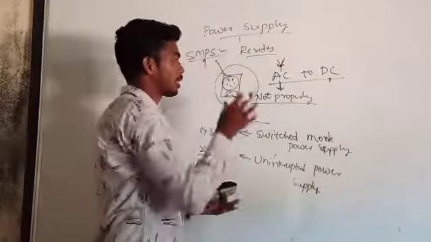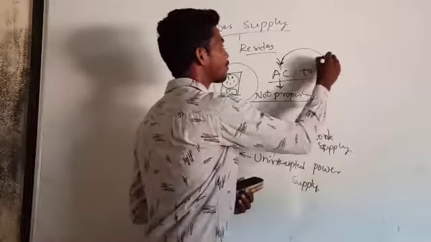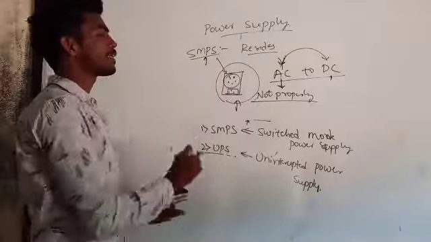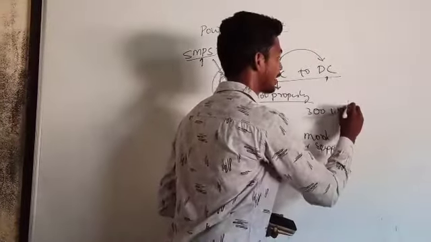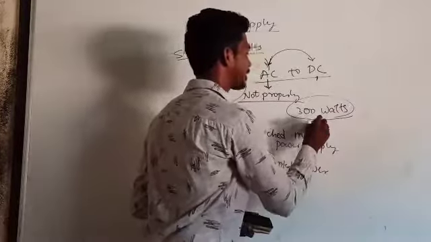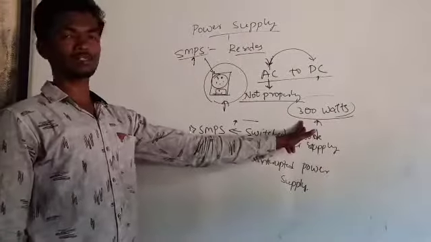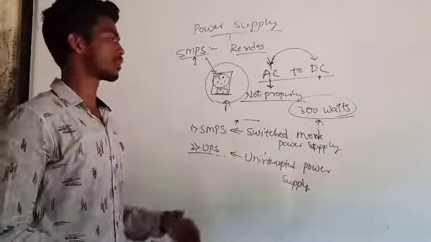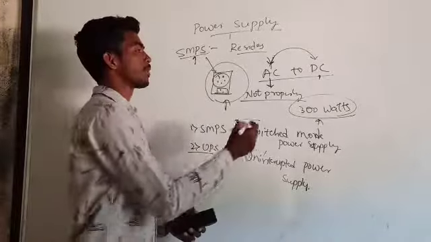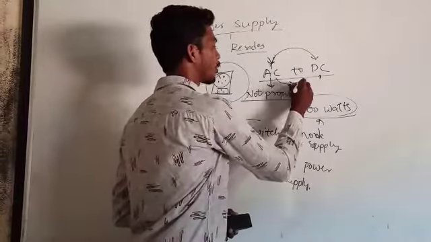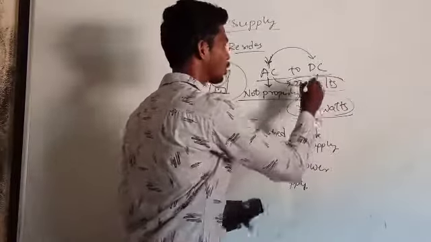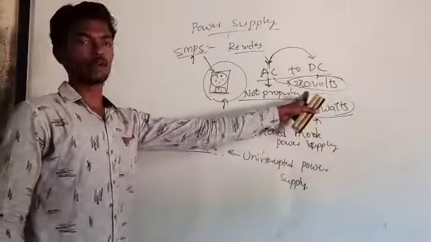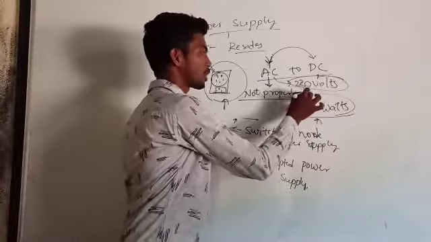This converts the AC current into the DC current, and it needs around 300 watts. At least a minimum of 300 watts is needed for a computer system to run. AC normally provides 230 volts, not watts, it is volts. Normally in our homes we are provided with 230 volts.